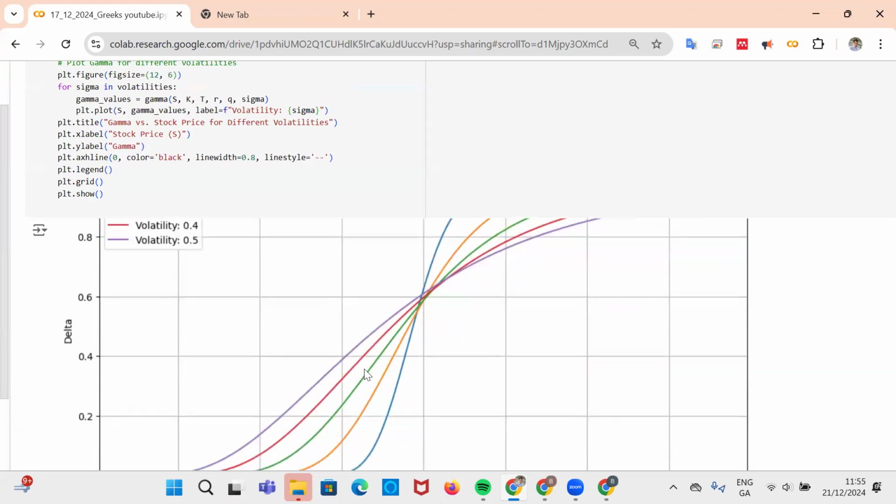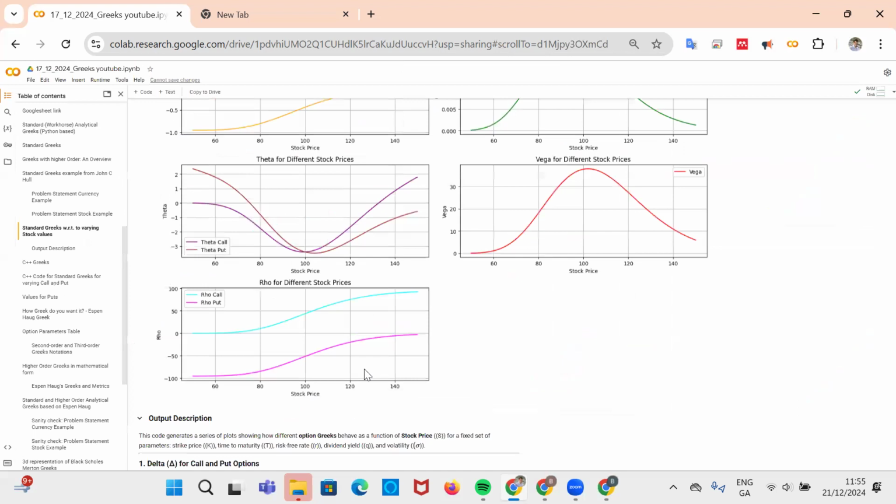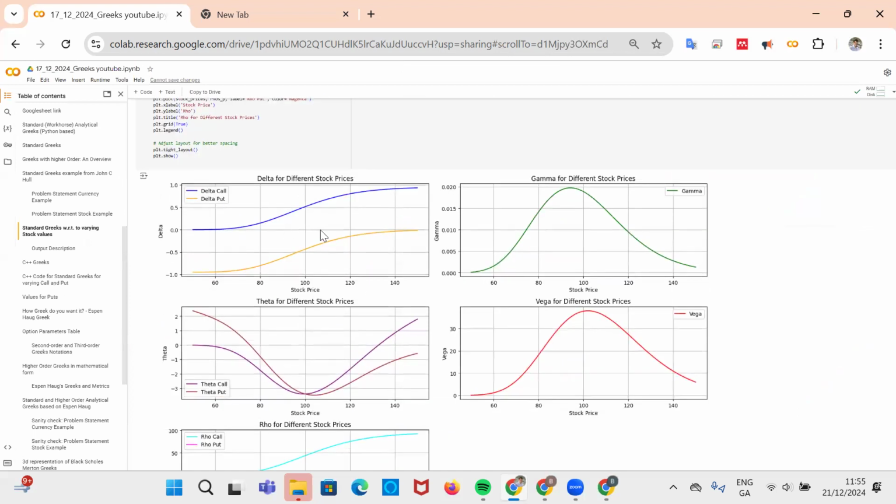So we observe also, if we take the first graph in the sequence here, the delta, and we were to just isolate the delta call and then consider the effect of different volatilities. If we increase the volatility, what's the effect?